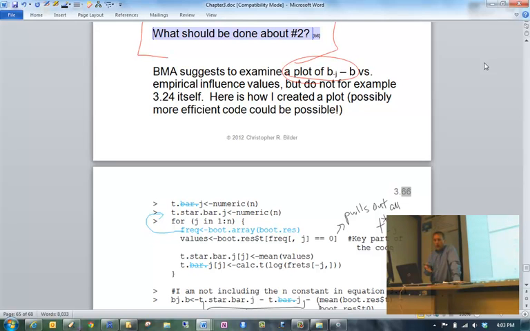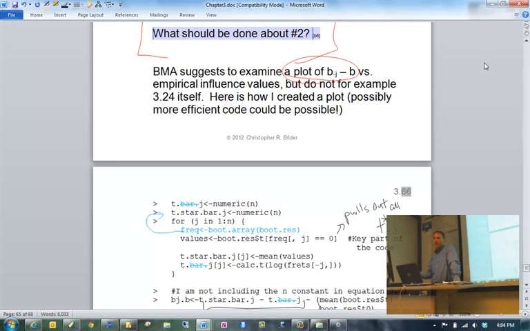Obviously, we don't want our calculations to change dramatically from whether or not one particular observation is in the data set or not. One thing that the author suggests, if you're interested in the bias of the statistic, is to look at the estimate of the bias of the statistic without observation J versus with all the observations.